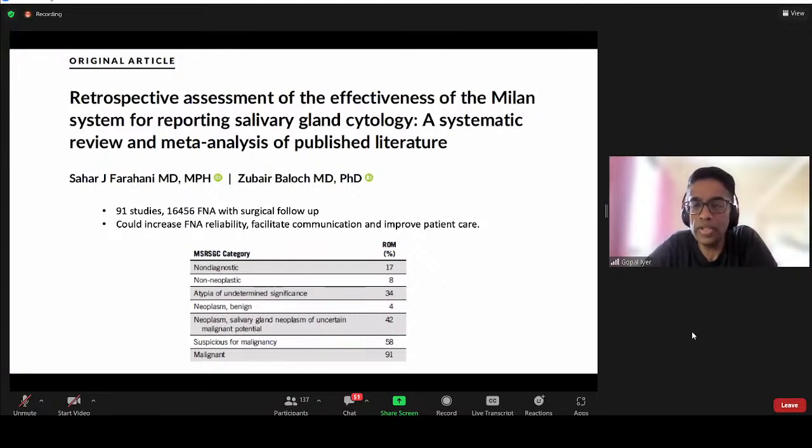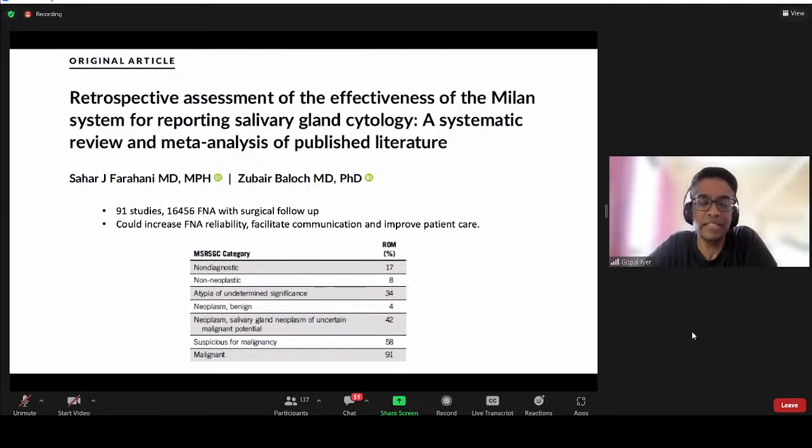And secondly, we always send a cell block with the FNACs. So we always have a sufficient amount of tissue, even from an FNAC, to do further staining if particularly required. Because of that, I think getting a more detailed diagnosis is of greater value than a scoring system such as this. And I think a pathologist prefers doing that also because it guides treatment.